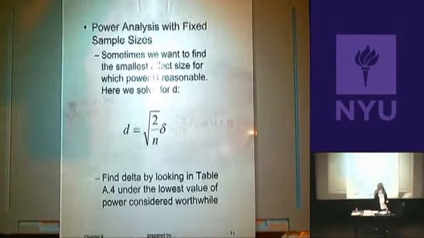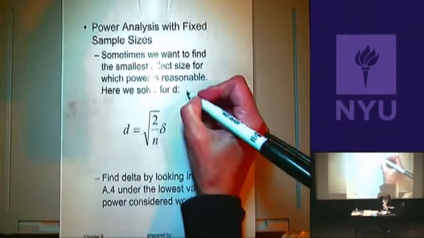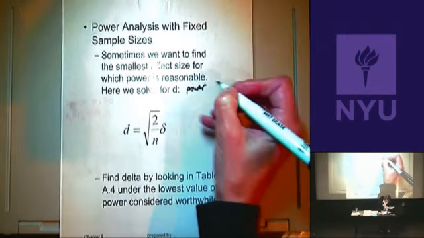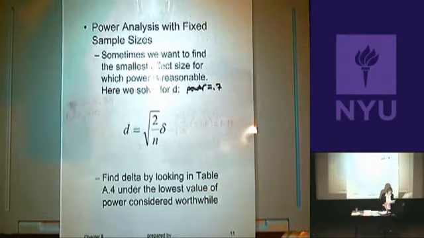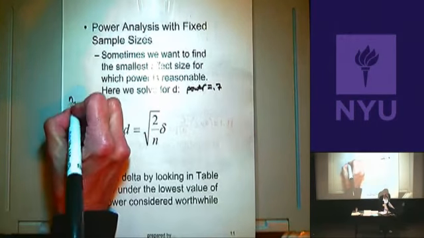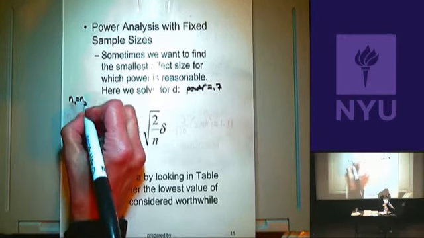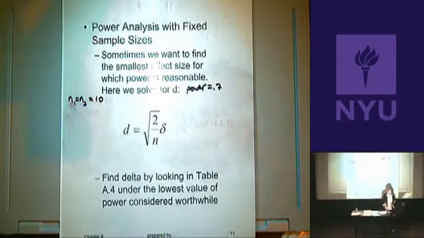Okay? So let's actually do an example of that. Let's say the lowest power I want to have for a particular study is 0.7. And let's say that each group has 10 people in it.